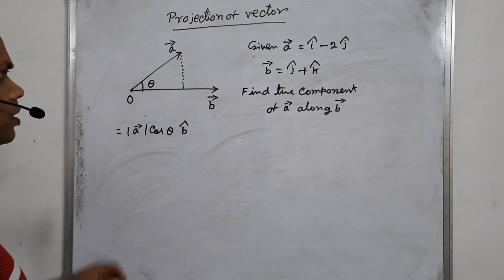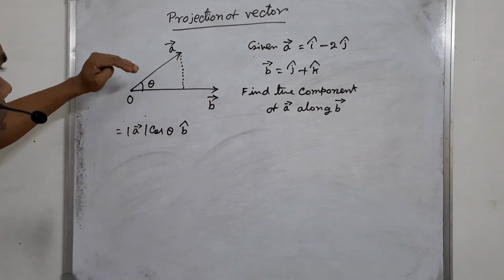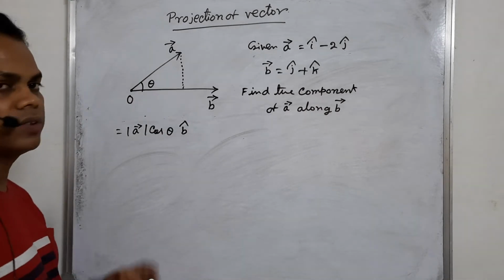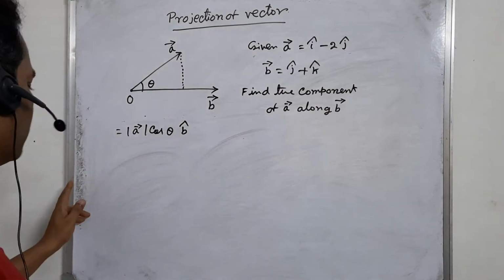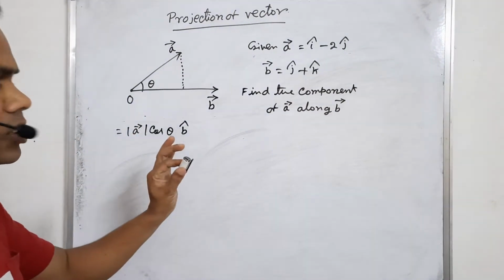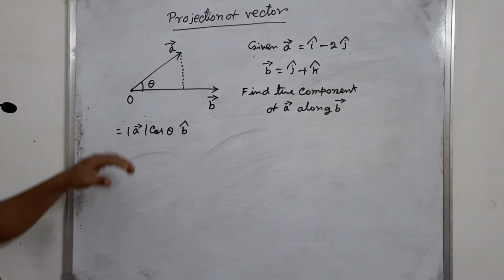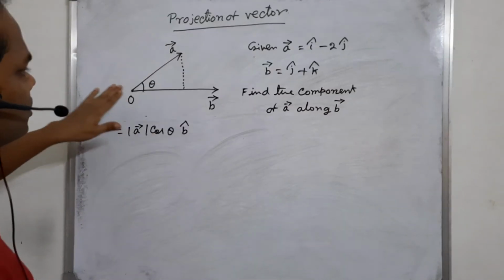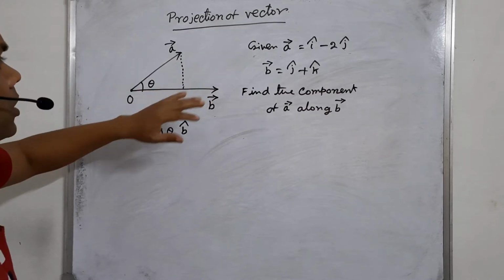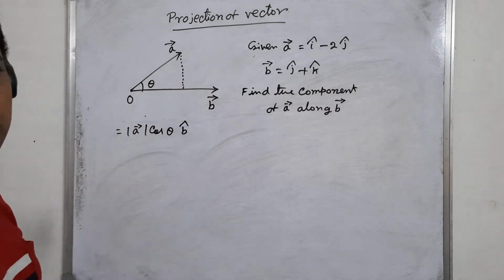Why b cap? Because in the direction of b or along b, we have to take the unit vector of b. Similarly, we have to find modulus of a cos theta in the direction of b, along b, so we take the unit vector of b.